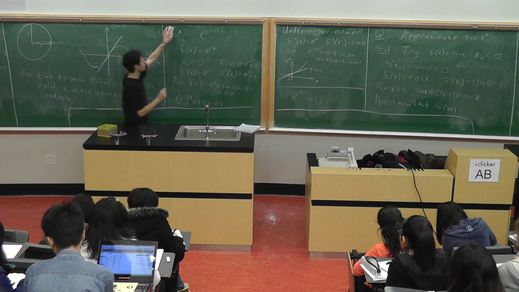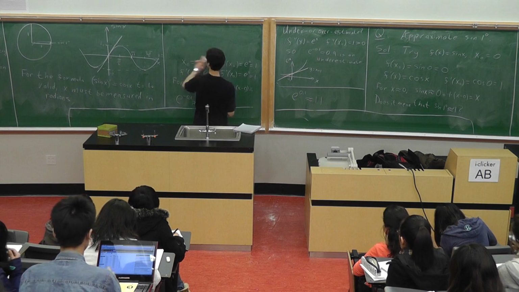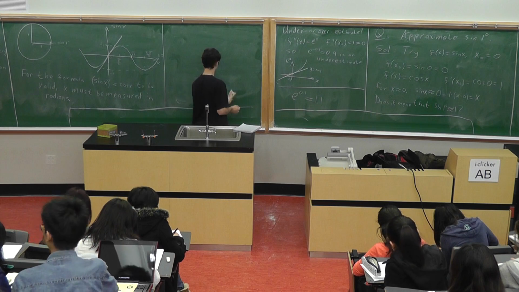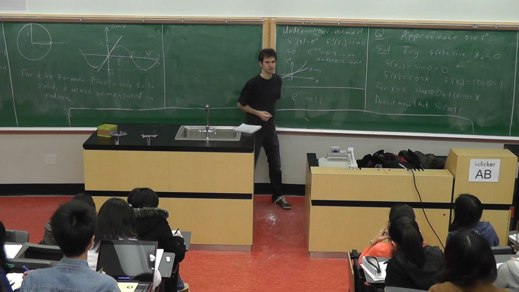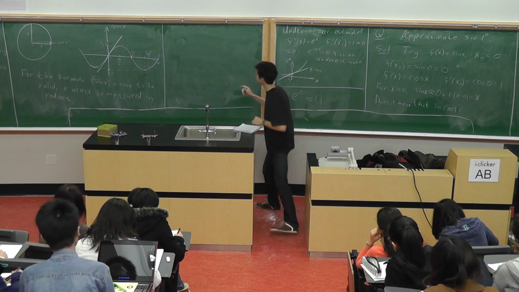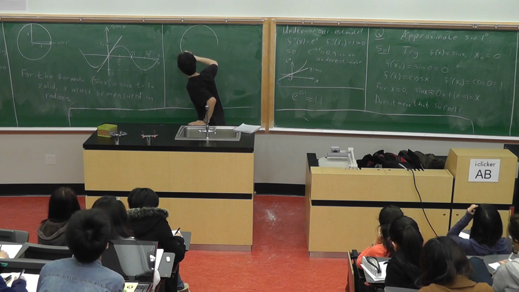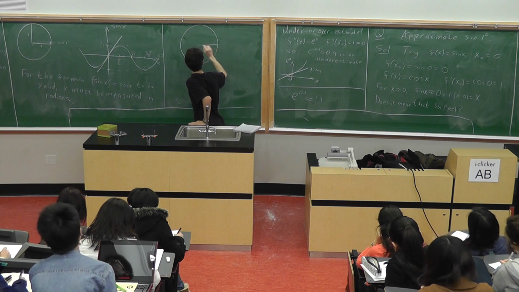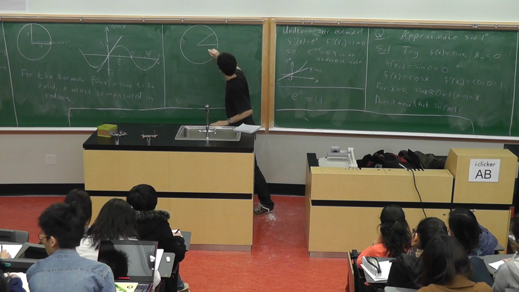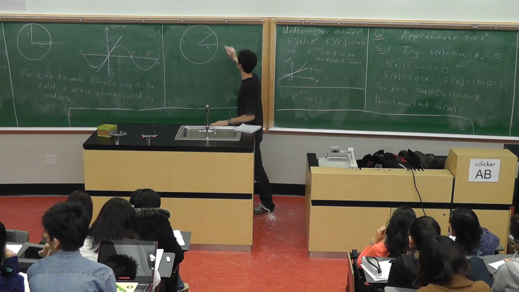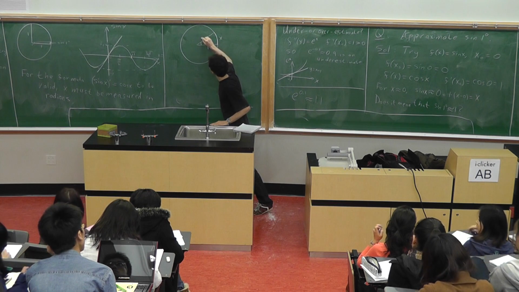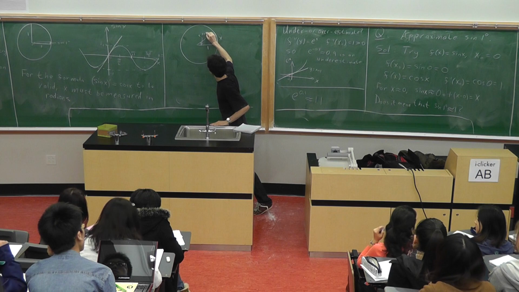Let me recall what radians are. Radians are a funny way to measure angles using distances. If you have any angle, and you happen to know that this is a circle of radius 1 and this arc has length x, this angle measures x radians.